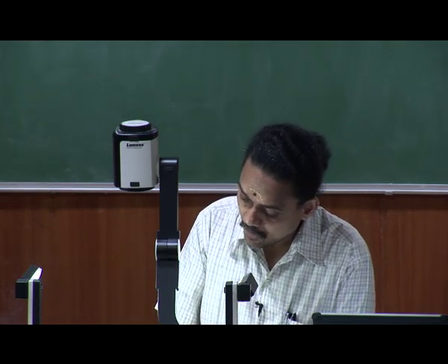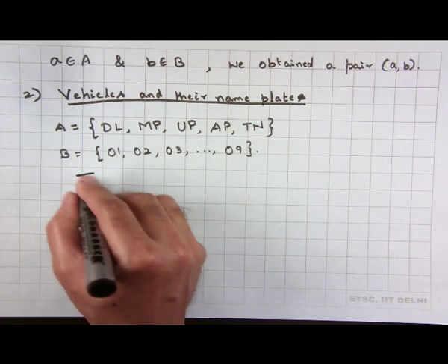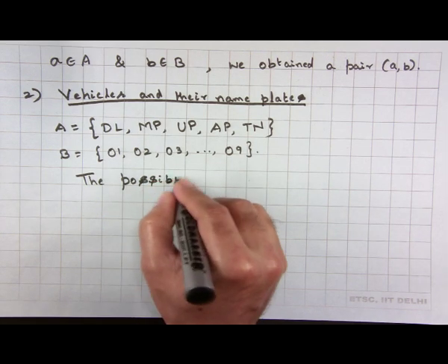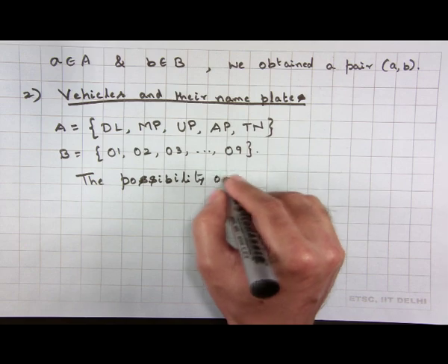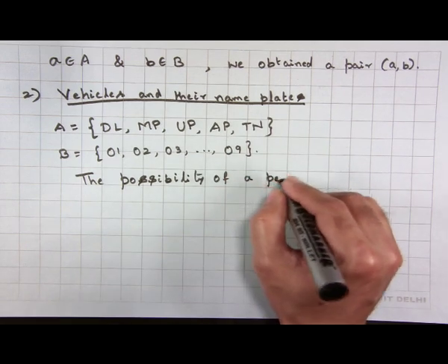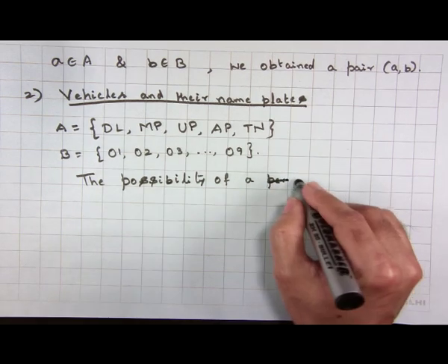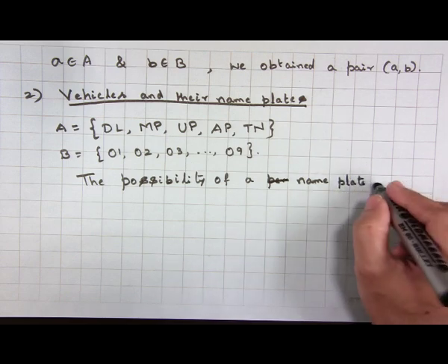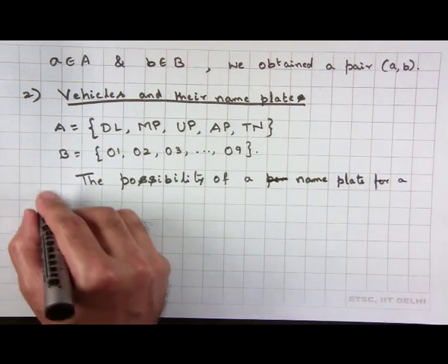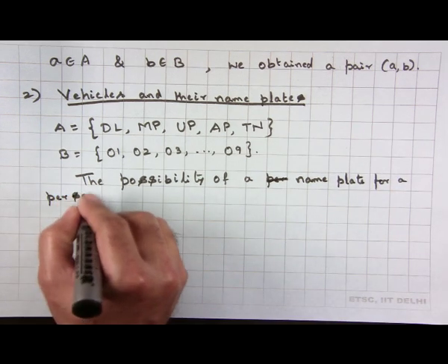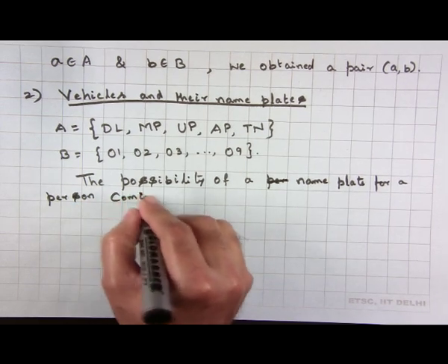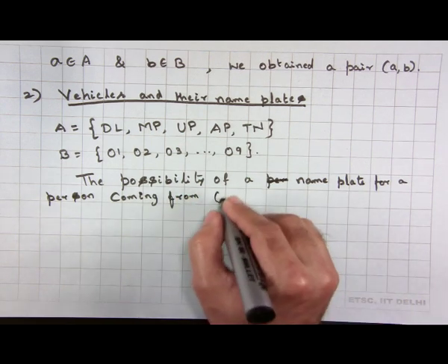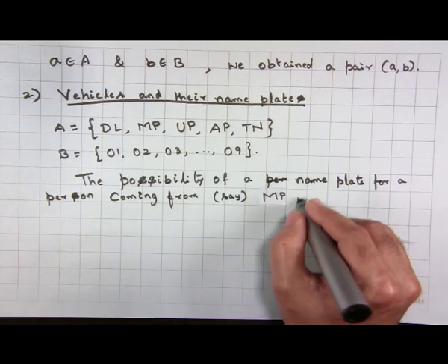What is the possibility of a name plate for a vehicle coming from, say, MP?